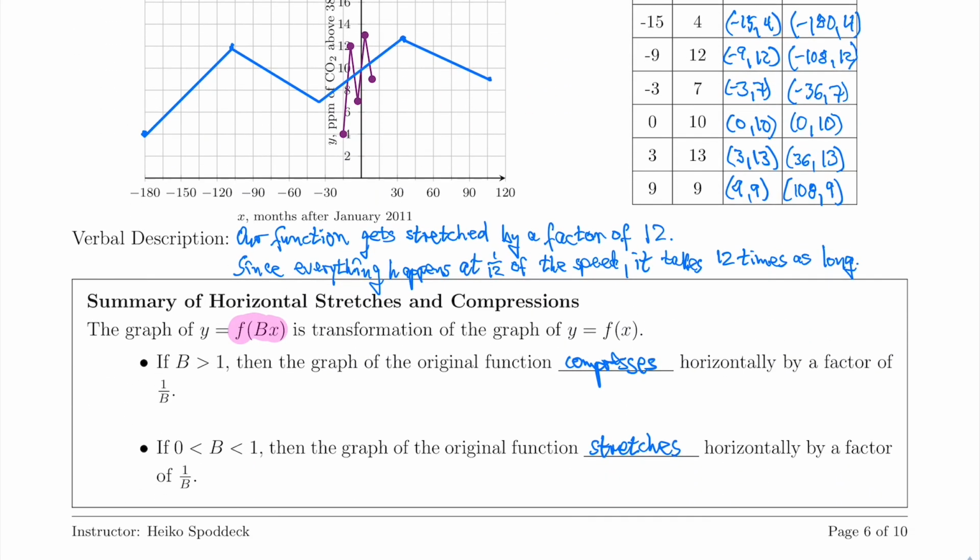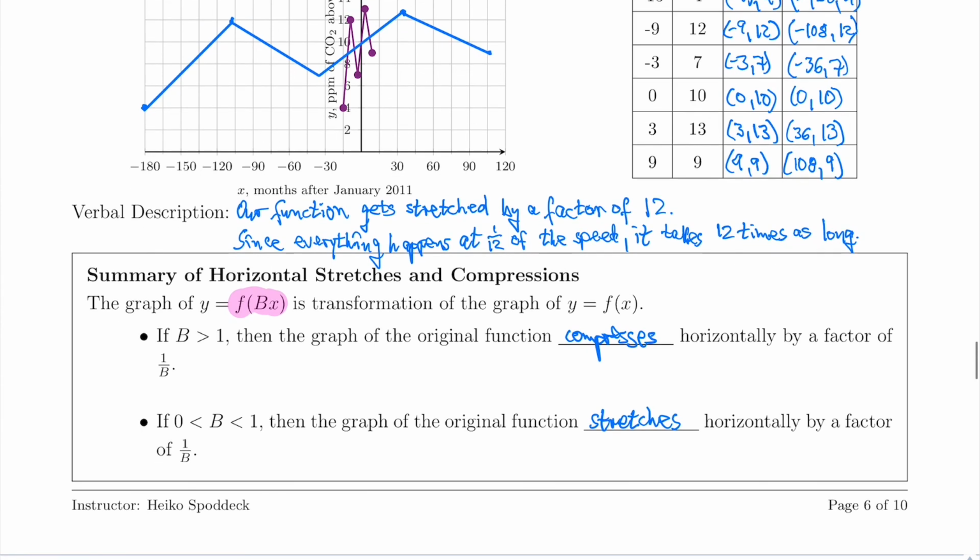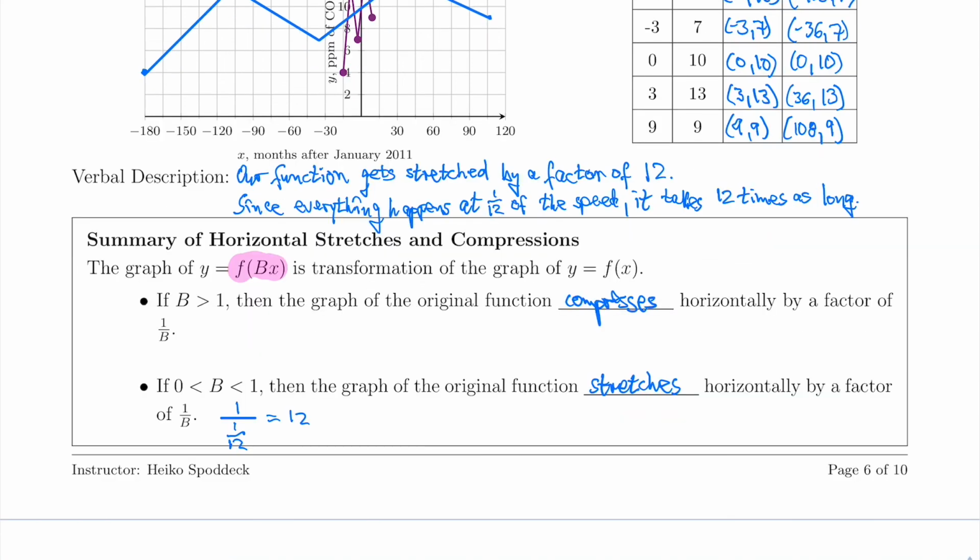And it is correct that it gets stretched by a factor of 12, even though it says here 1 over b, because when we write 1 over b, our b in that case was 1 over 12, so that ends up being 12. That second part was correct. And again, keep in mind that our b for the stretching part is between 0 and 1.